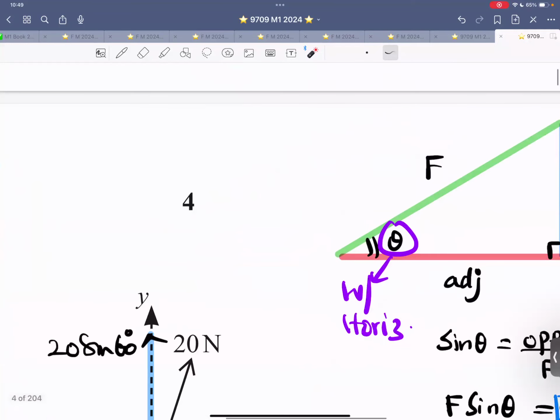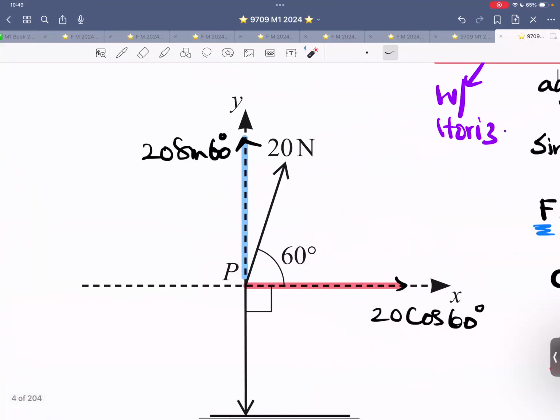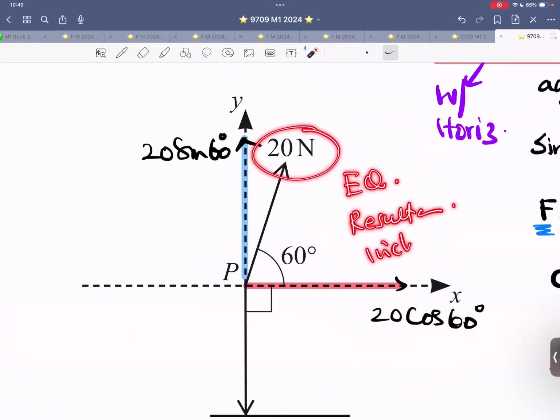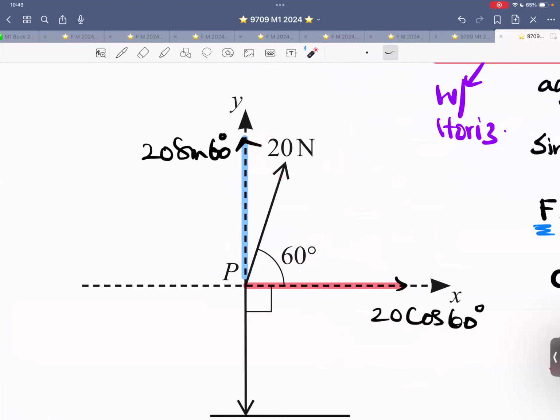Why did I specify this thing first? Because in this particular question, whenever it's a question about equilibrium, it's a question about resultant, it's a question about inclined plane, and we'll soon come to an inclined plane, the very first thing that needs to be done is to resolve the forces. So along the horizontal, since you are taking this angle with horizontal, it will always be in terms of cosine, and the other one has to be in terms of sine.